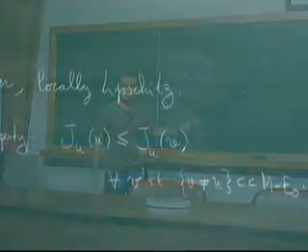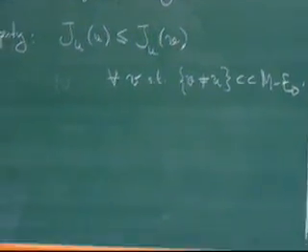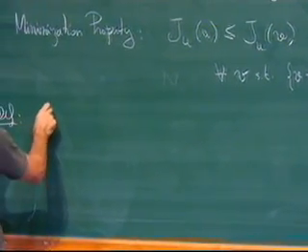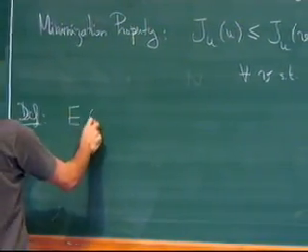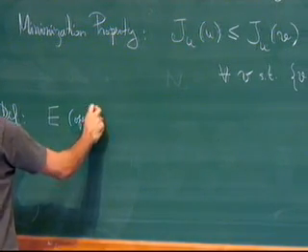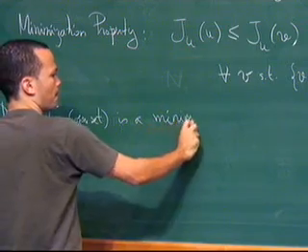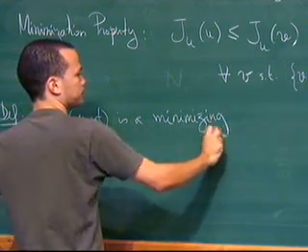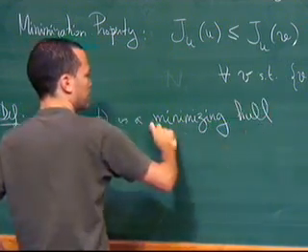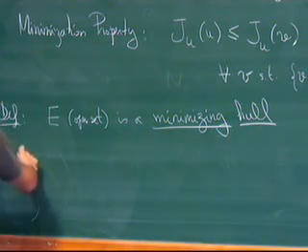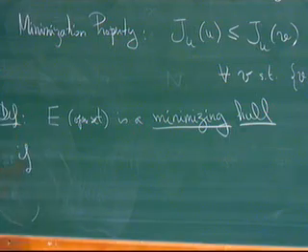This is a summary of the properties of the flow. So you say that E, an open set, is a minimizing hull if it minimizes area on the outside.